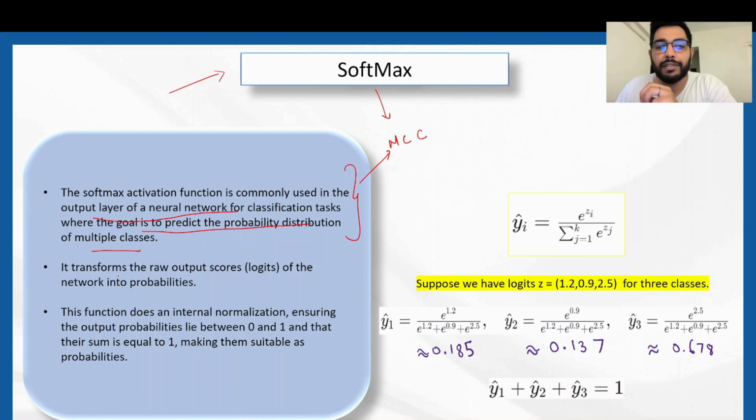Softmax activation function transforms the raw output scores in the form of probabilities. It does so by an internal normalization process which ensures that the output probability of each and every class lies between 0 and 1, and that the probabilities of all the classes sum up to 1.